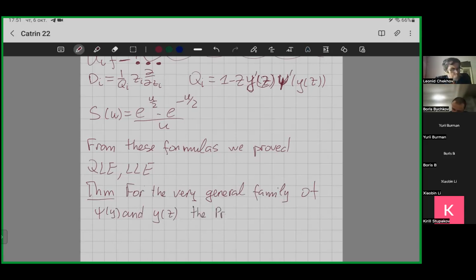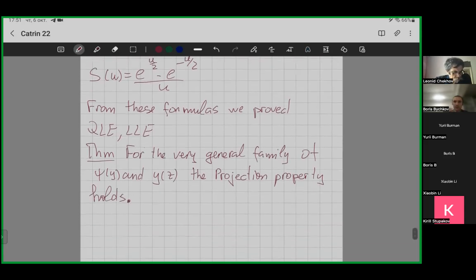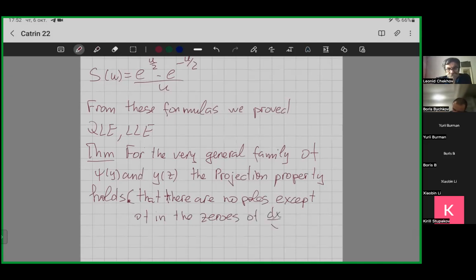The projection property holds, so it means that there are no poles except the poles in the zeros of dx over x, the critical points of x.